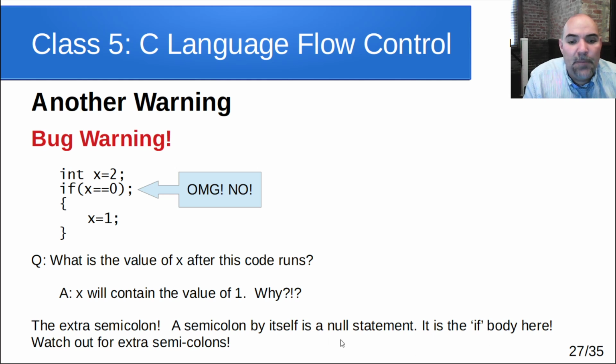And it becomes the body of the if statement there. So watch out for if statements or while loops with that semicolon on the end, because that can trip you up, because the code looks right. There's one single extra character there, but that means that this if statement has nothing to do with the code that follows it. C allows an additional code block to be created here. We're just saying, hey, if x is equal to 0, then skip over, which it's not, skip over doing nothing, and then run this code block which sets x equal to 1.